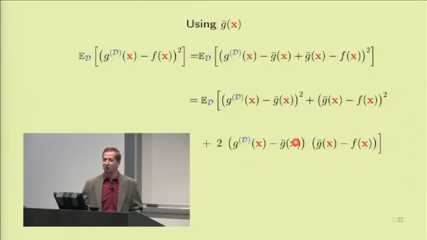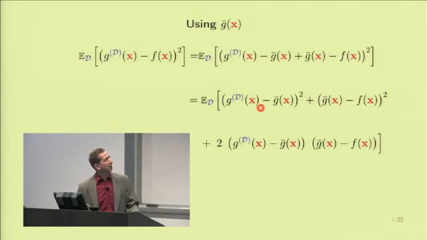One of the few universal rules that you can apply without asking any other questions. So I get the expected value of this. What is the expected value of g^(D)? Well, wait a minute. That was g bar by definition. That's how we defined it, right? So I get g bar minus the expected value of a constant, which happens to be g bar. So this goes to 0, and happily, this guy goes away.